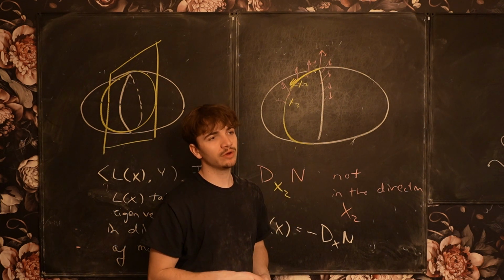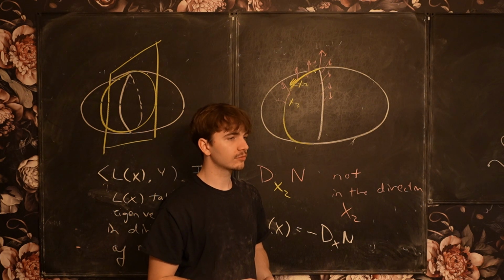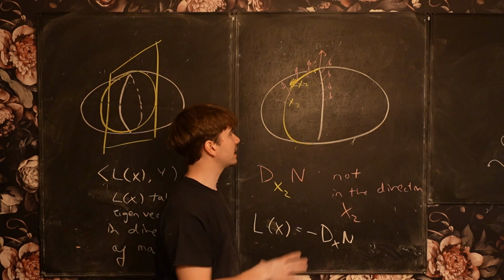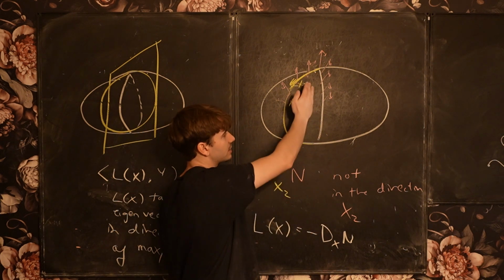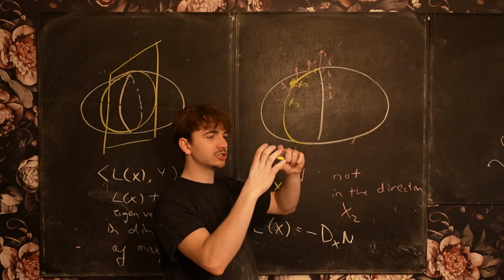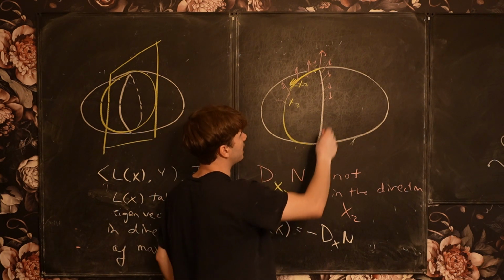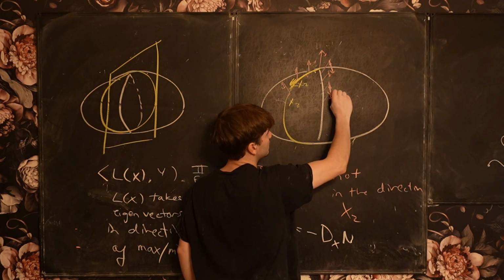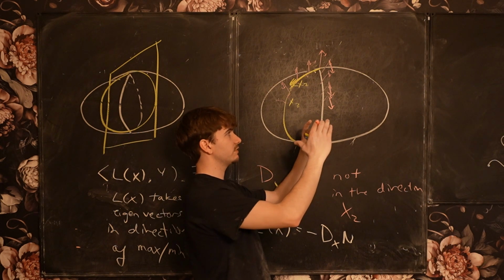So if I take the direction of maximal curvature and shrink it, make it smaller, then this directional derivative of the normal vector is actually going to increase.